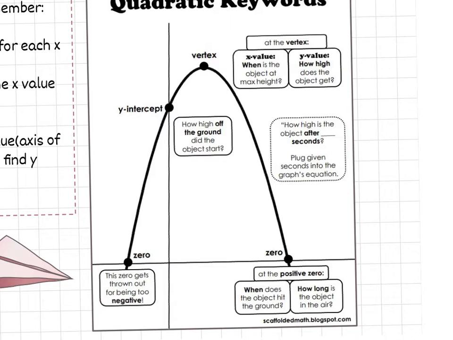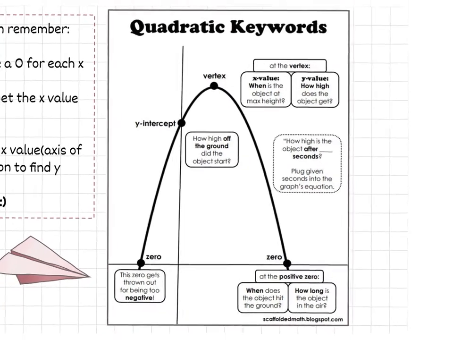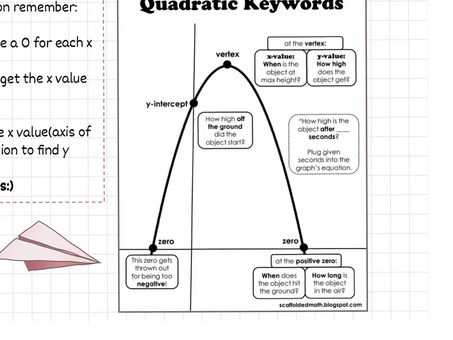Okay, and the formula, interestingly enough, that they use for most of these motion along a path starts with negative 16t squared. That is because of the acceleration due to gravity, so it always has that in there somehow. Anyhow, the y-intercept is how high it is when we start. If you're standing on a building or you're holding the ball before you throw it, it's not on the ground.